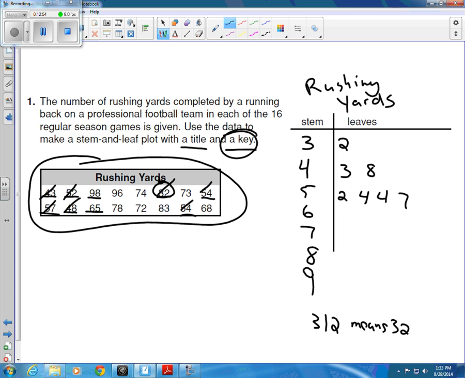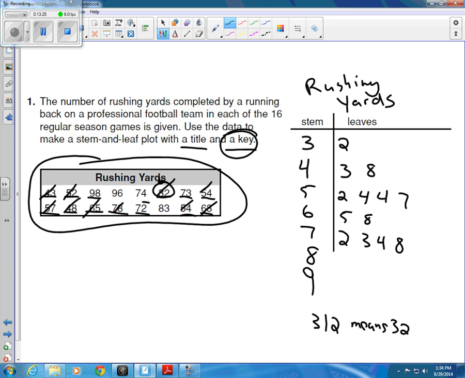I have 65, 68, and that's it. My smallest was 65, my biggest was 68. I'm just going from least to greatest in there. Gone, gone. Next, stem of 7. 78, 72, 73, 74. Smallest was 72, then 73, then 74, then 78.